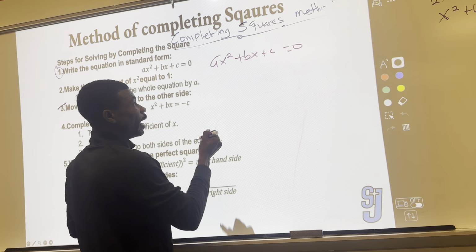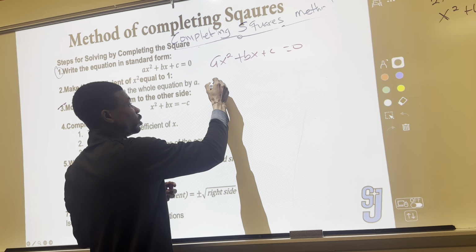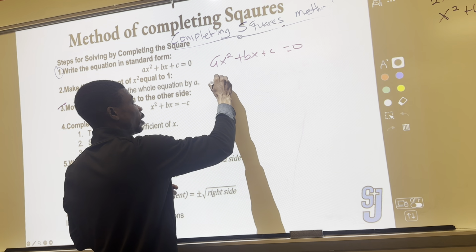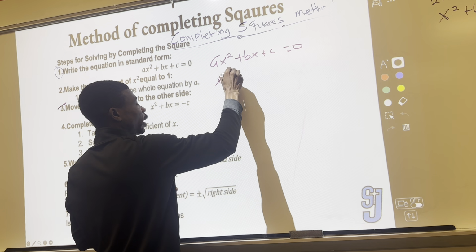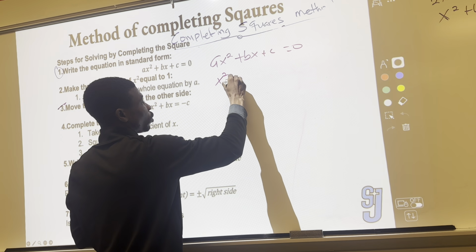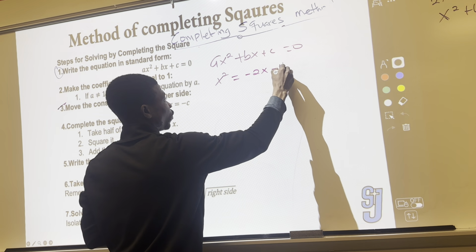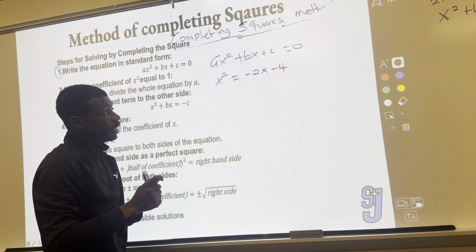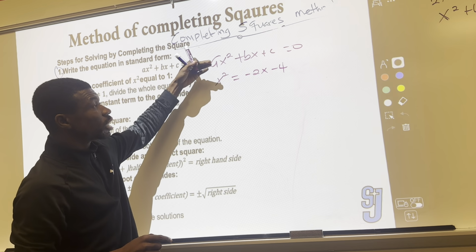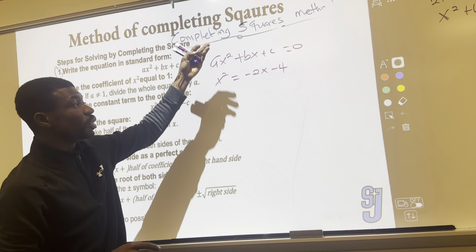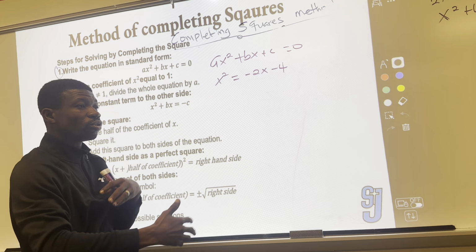So if I have an equation written in the form x squared equals minus 2x minus 4, then because I'm dealing with a quadratic equation, I first want to solve by completing the square, and I just want to go systematically.